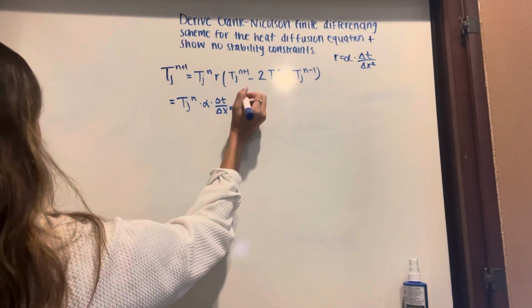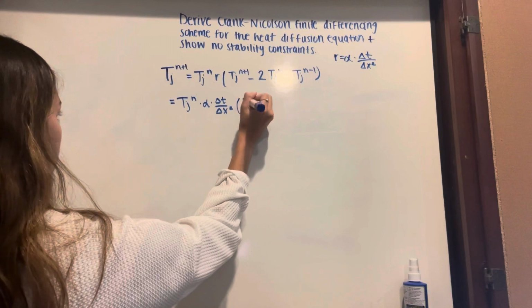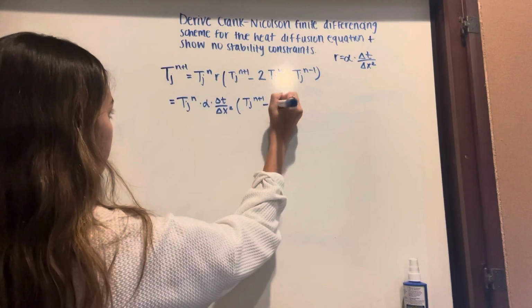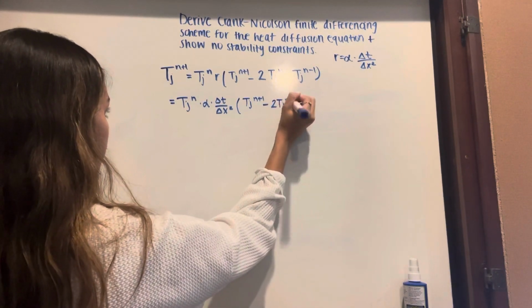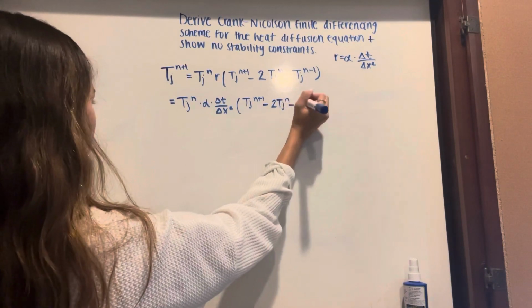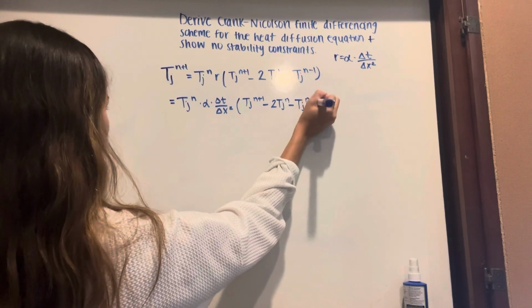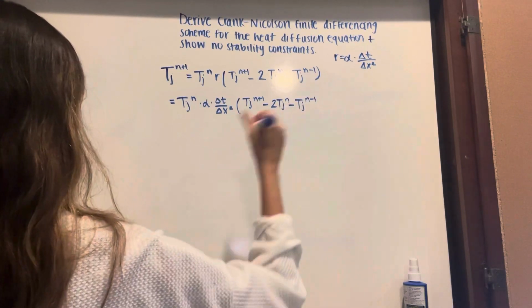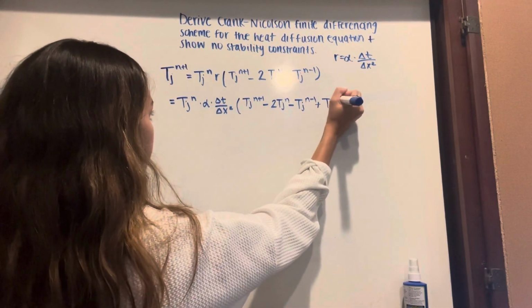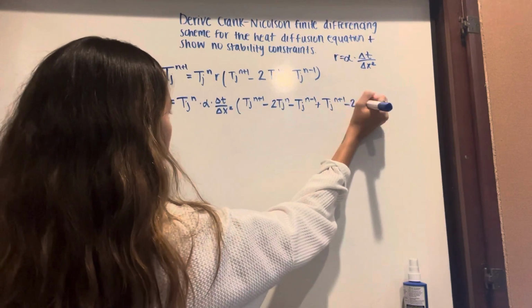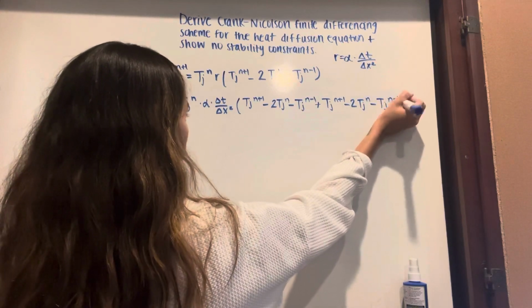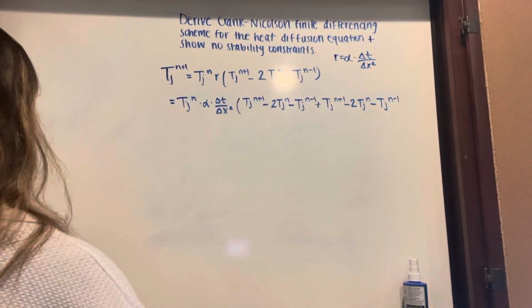Yep, that's a 2. And then we're going to do Tj at position, time n plus 1, minus R over 2, at initial time and positions, minus Tj n minus 1, and then we are going to add that.